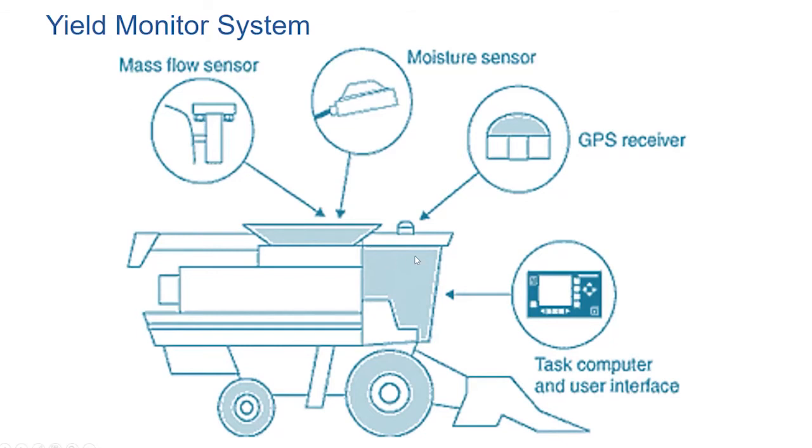We have a computer that uses the GPS, moisture sensor, and mass flow sensor data, and puts it together as one signal, tagging it with location, and stores it as information related to the particular area.